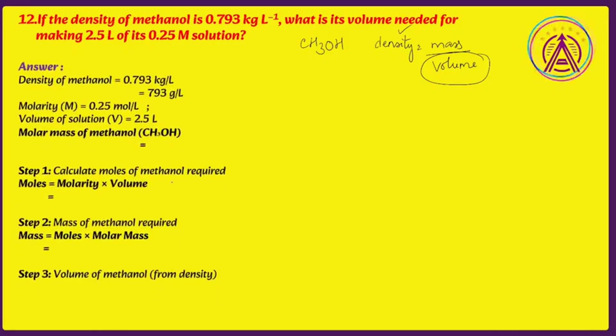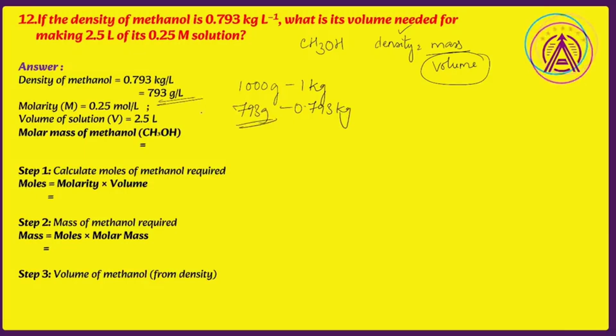So in my first step, density of methanol is 0.793 kg per liter. We know that 1000 grams is 1 kg. So again, if I have 0.793 kg, it will be nothing but 793 grams. Okay, so I've given it in terms of grams per liter, which is 793 grams per liter.